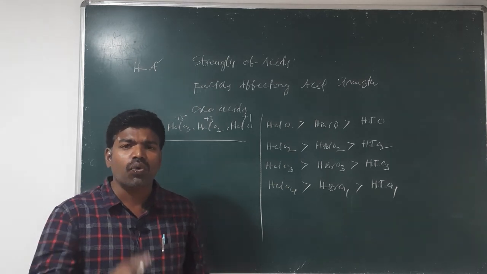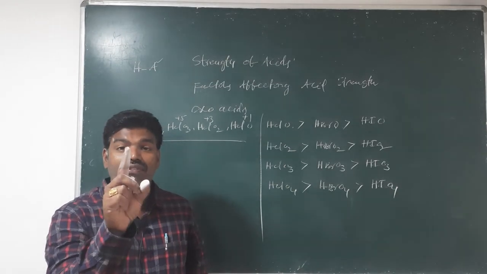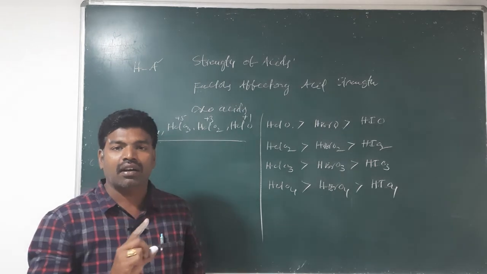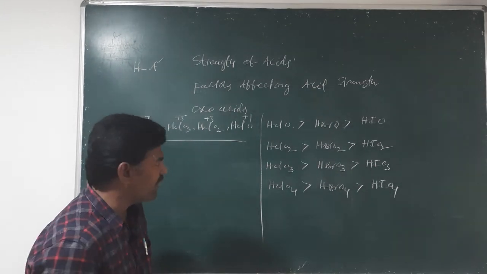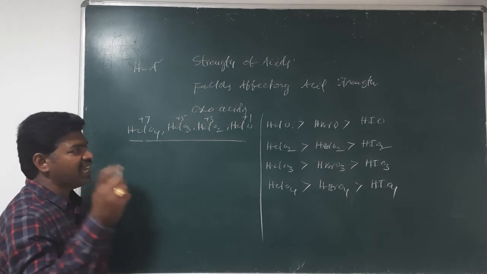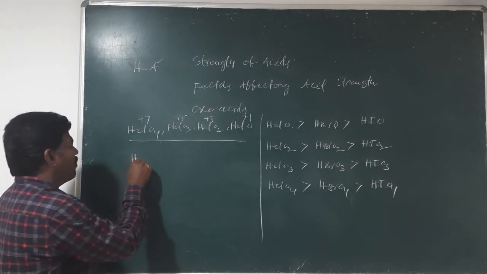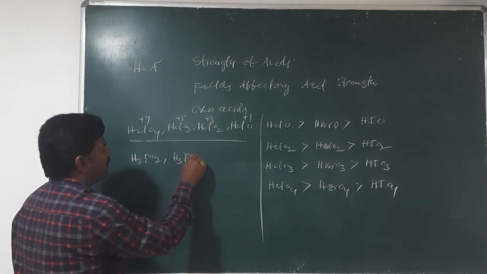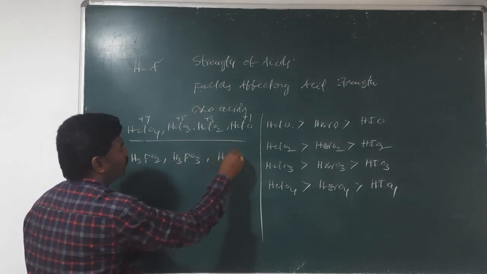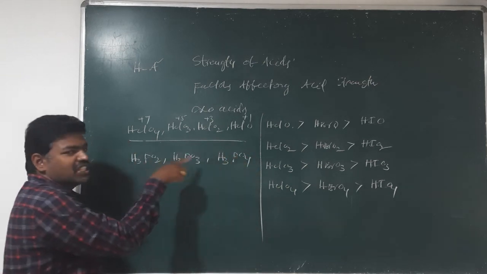Okay, this is the only exception that we can find in the oxy acids. So, for example, if you take the oxy acids of phosphorus, H3PO2, H3PO3, H3PO4, these are the oxy acids of phosphorus.